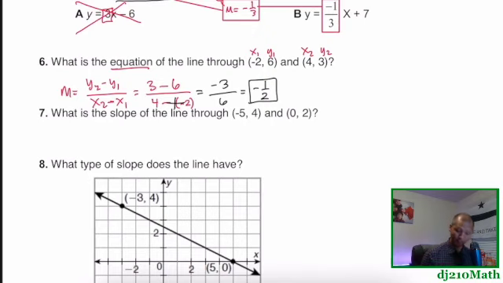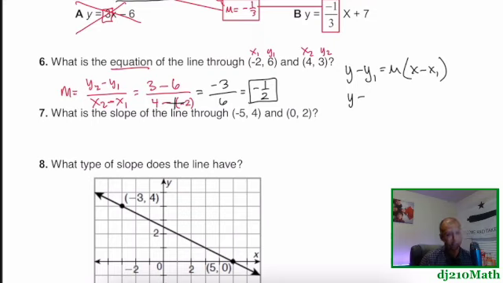So I'm going to use point slope form. If I have a point and a slope, point slope form is the way to go. Point slope form is y minus y1 equals m times x minus x1. And we just plug in the pieces that we know. Y minus, I can use any y in this case.